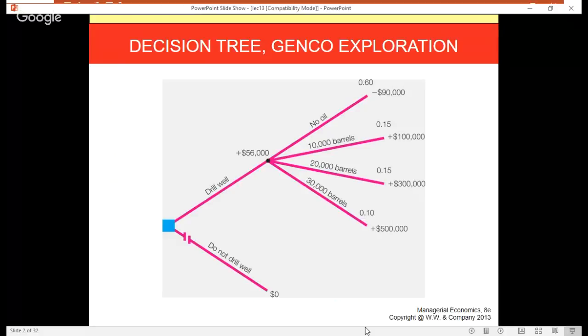And that gives me an expected profit from drilling of $56,000.